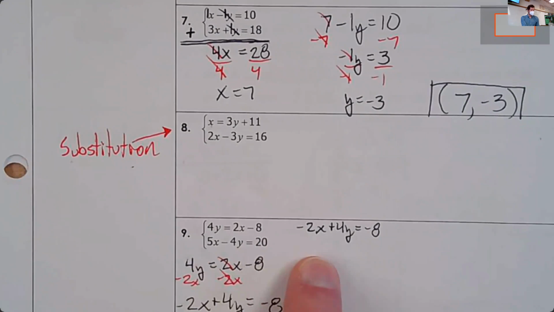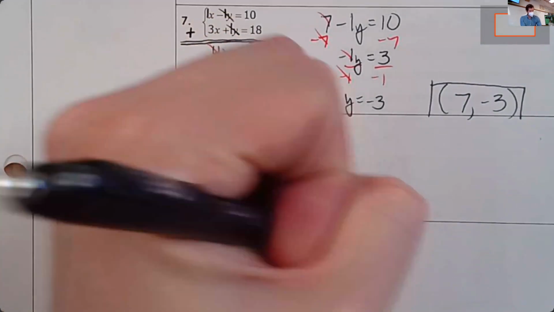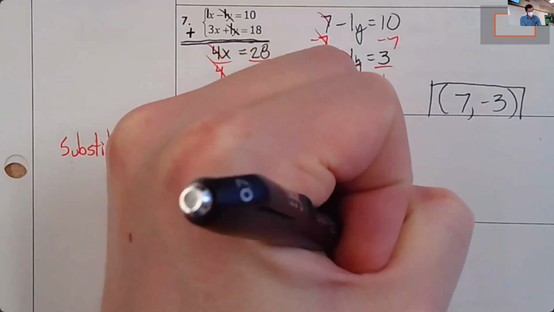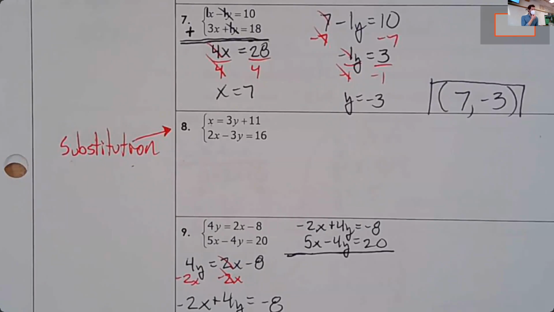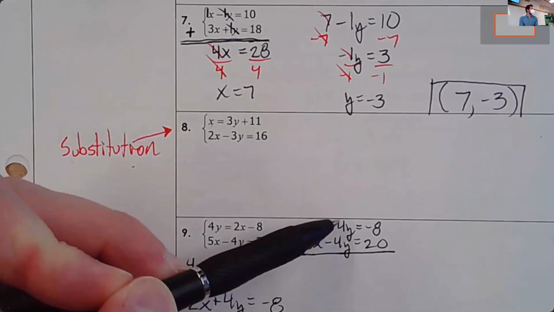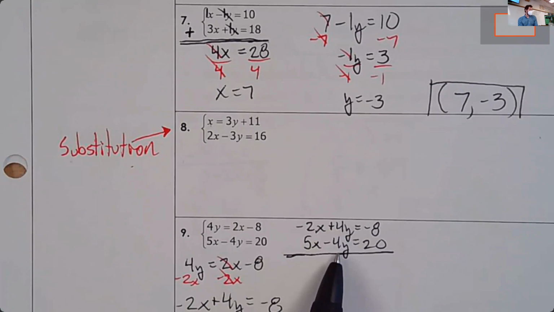The second equation stays exactly the same: 5x minus 4y equals 20. Now we can see that the x's are lined up, the y's are lined up, the regular numbers are lined up. And the values in front of y, the positive 4 and negative 4, are the ones we're going to be able to eliminate.